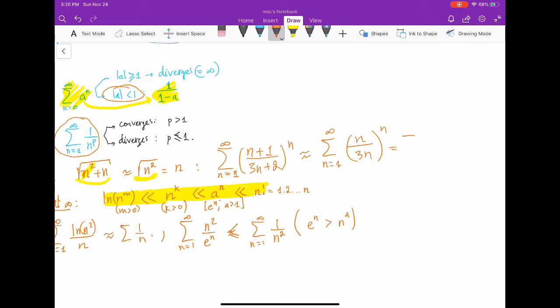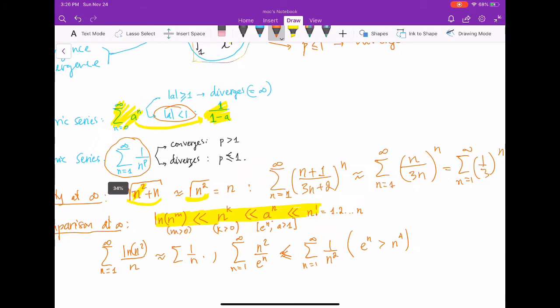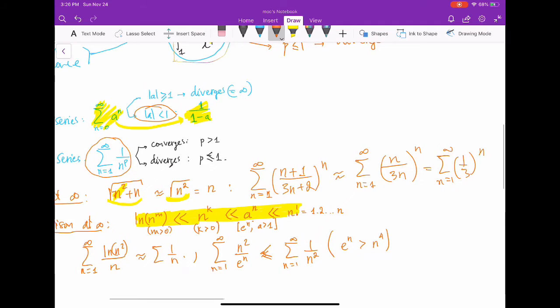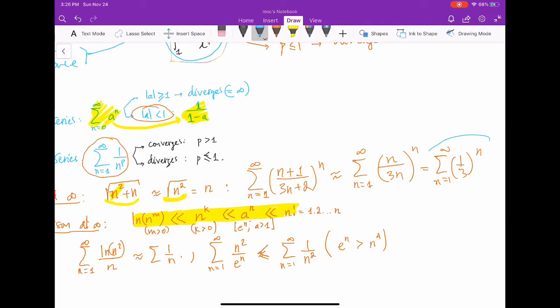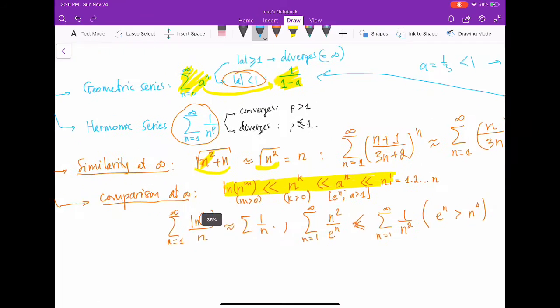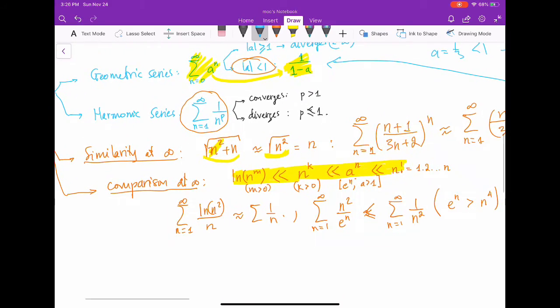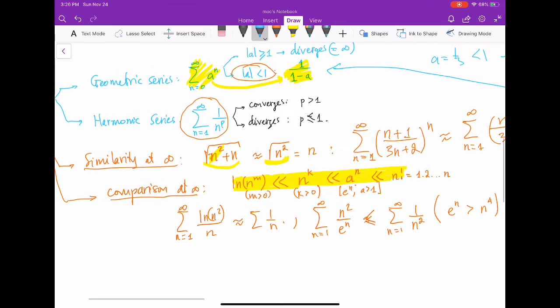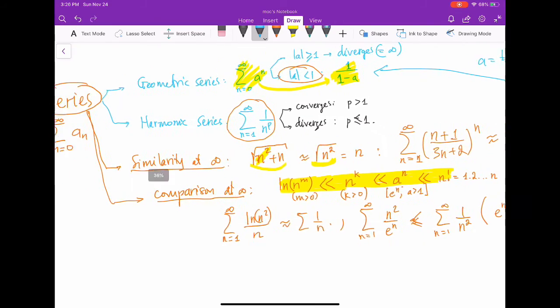And then this guy is just 1 over 3 to the n, and we know that this is a geometric series. So since a is equal to 1/3, less than 1, the series converges. That is a typical example when we can apply similarity at infinity and comparison to reduce our series into one of the geometric or harmonic series, okay?